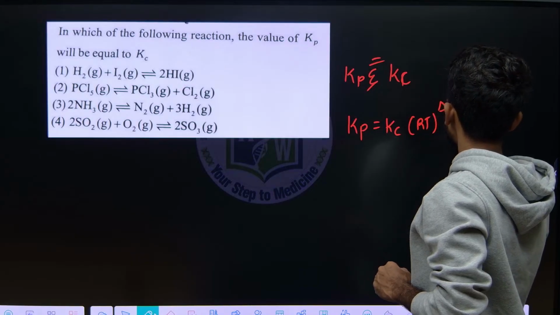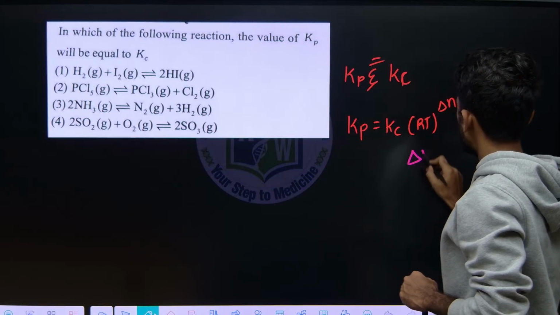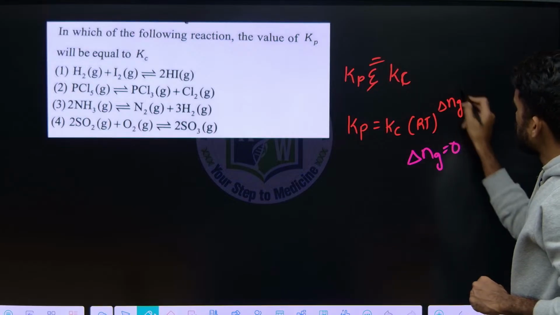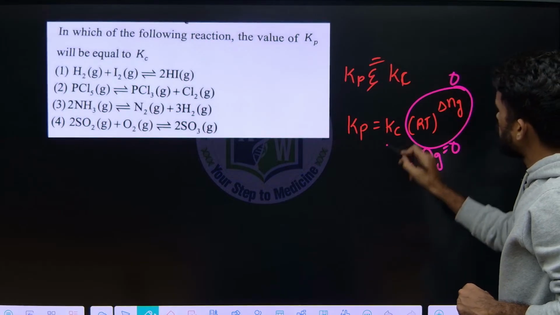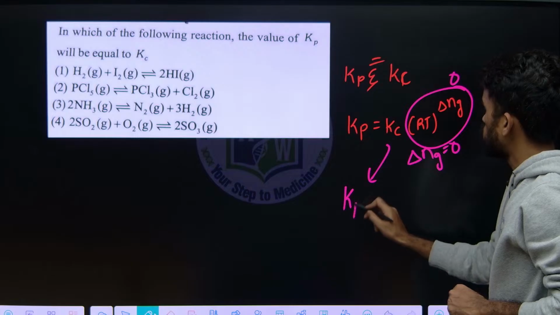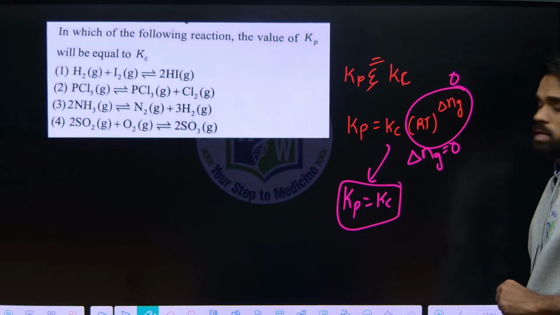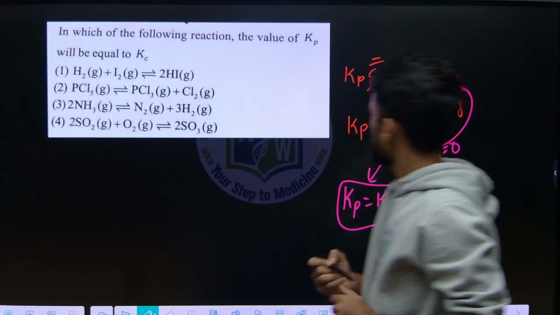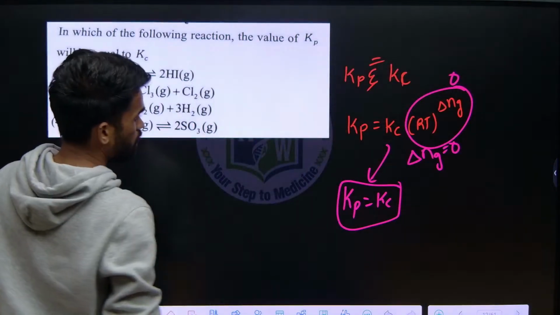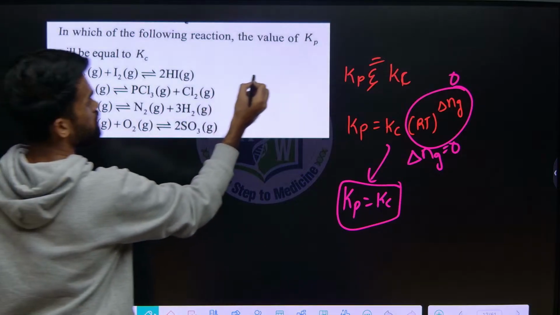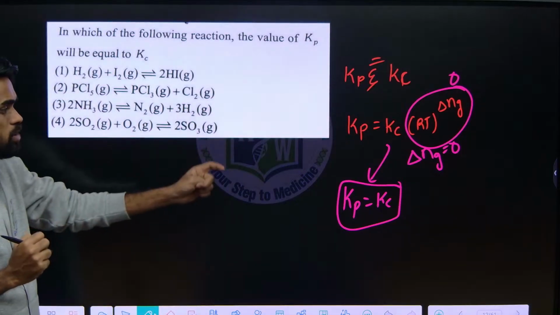If delta Ng is 0, then this term becomes 1. Therefore, Kp is equal to Kc. That's it. So Kp and Kc will be equal in which case? If delta Ng is 0, that case will have Kp equal to Kc.